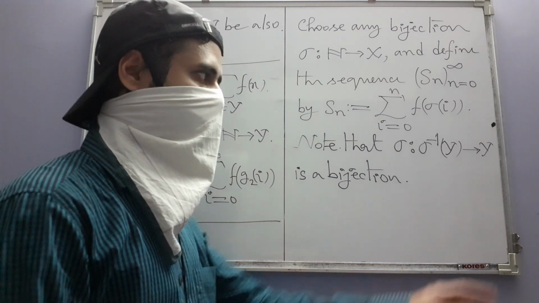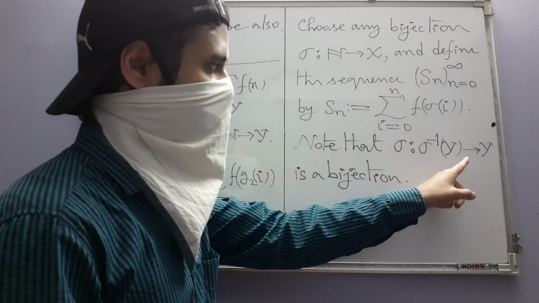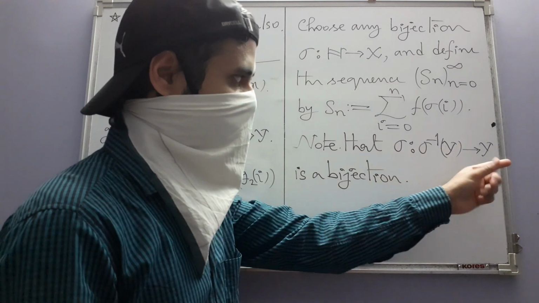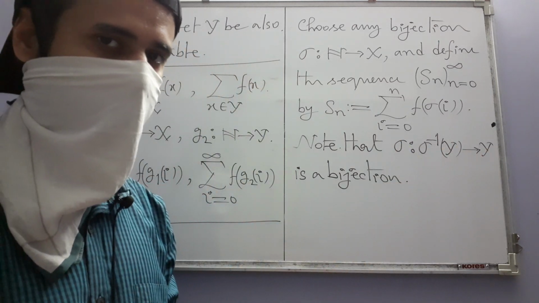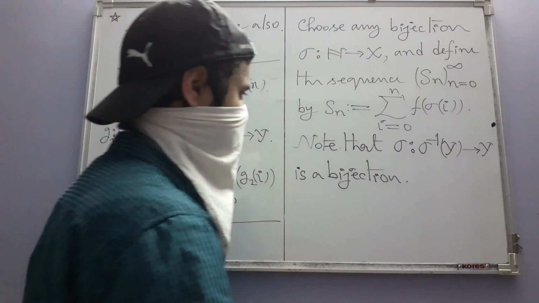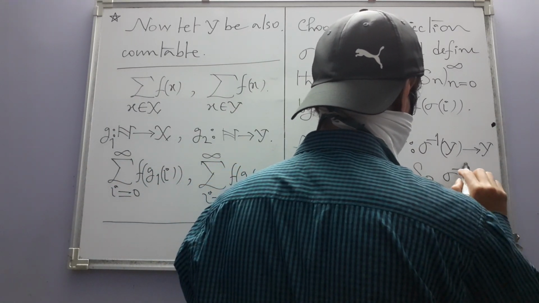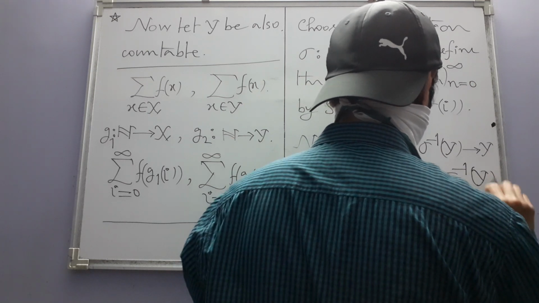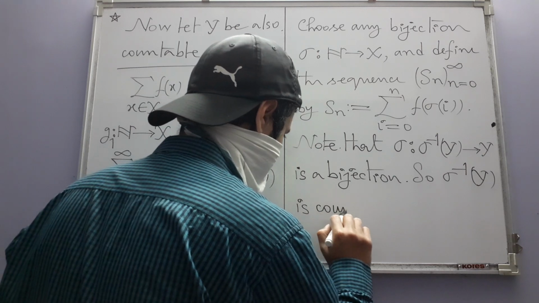Now our Y is countable, keep that in mind. So because we have a bijection between Y and sigma inverse of Y, sigma inverse of Y will also be countable.